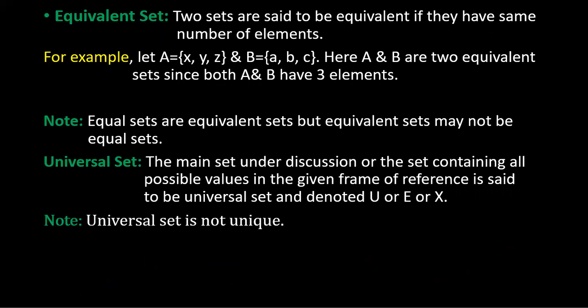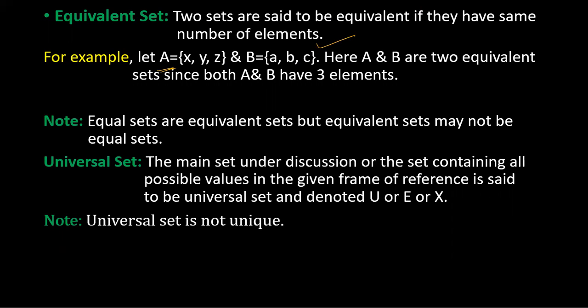Now equivalent sets. Two sets are said to be equivalent if they have the same number of elements. In the given sets we need to see if those sets have an equal number of elements.